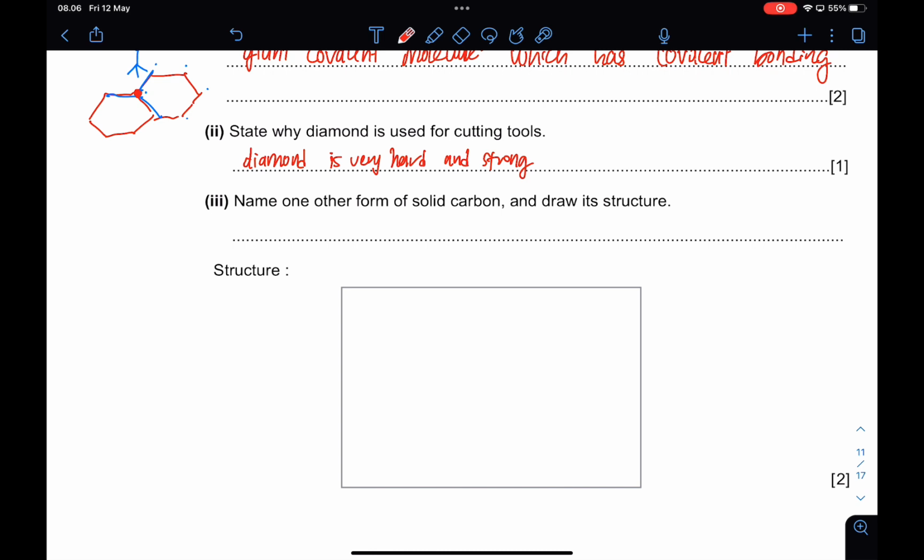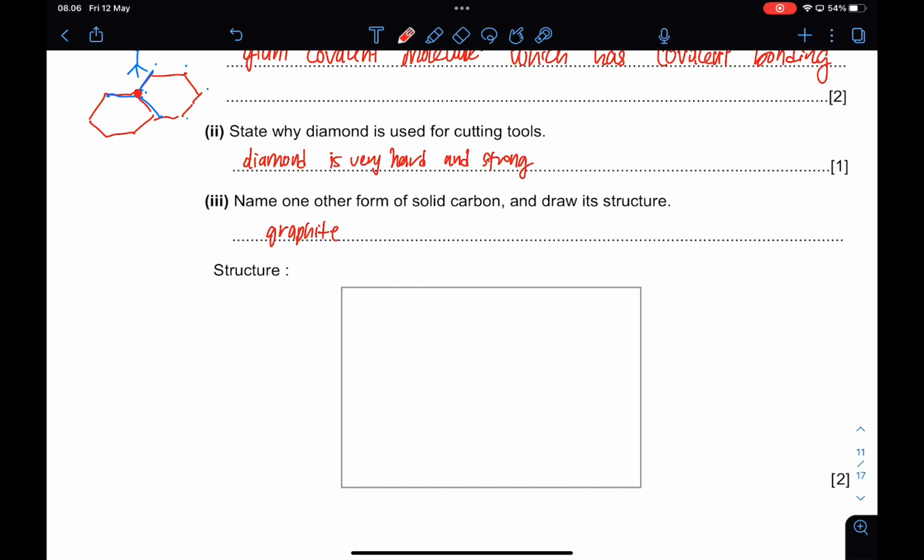Now name one other form of solid carbon and draw its structure. Just now it's graphite. I think 2 things we learned, diamond and graphite. So they say form of solid carbon. Although it's not 100% solid, sometimes it can be used as a lubricant.